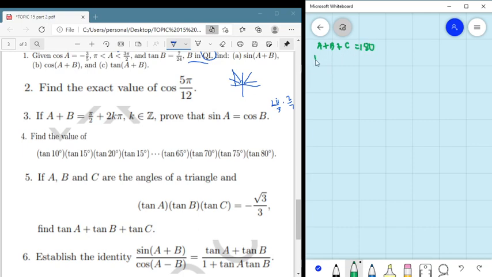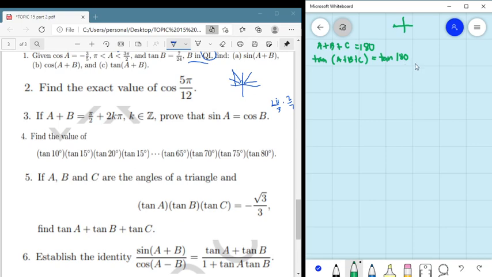And then, tangent of A plus B plus C is equal to tangent of 180 degrees. So, tangent of 180 is sine over cosine. Sine here is 0. Our cosine is 1.